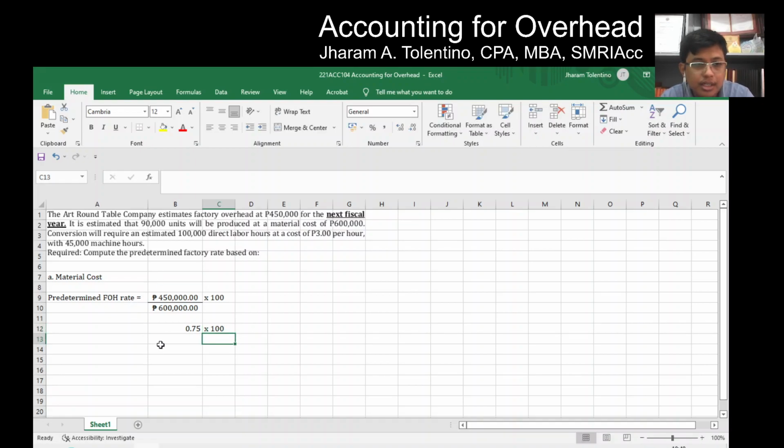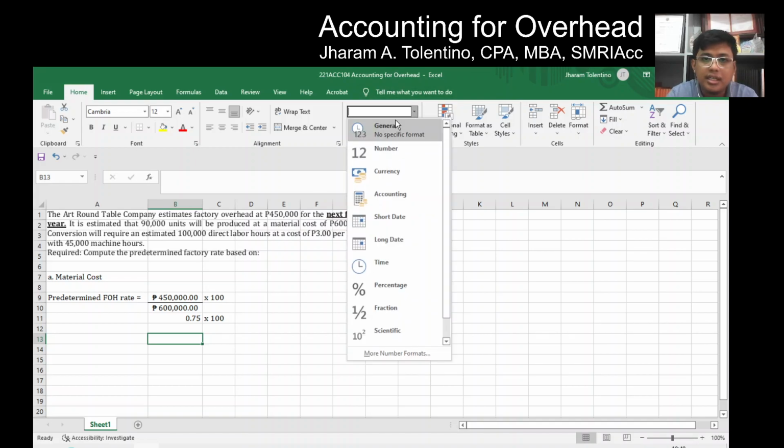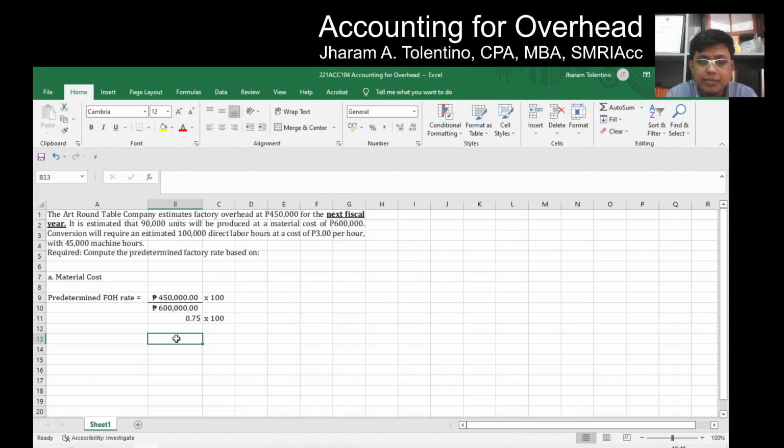So, yung ating material cost, lalabas dito is ito yung computation, diba? So, according to material cost, ang predetermined overhead rate natin is 0.75 times 100, that is 75% of material cost.